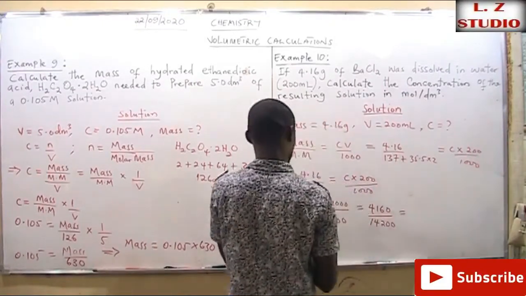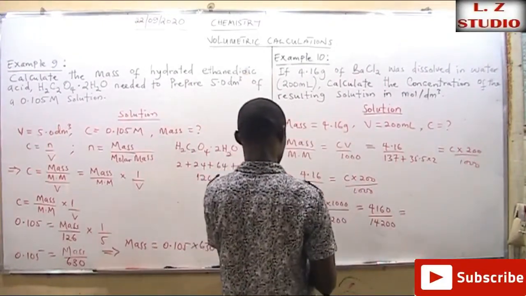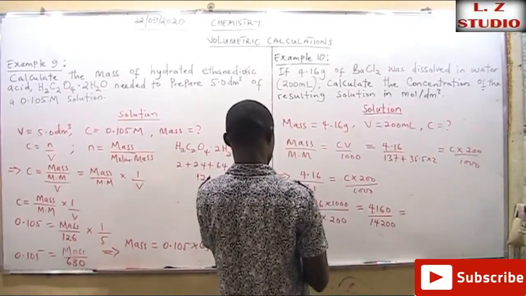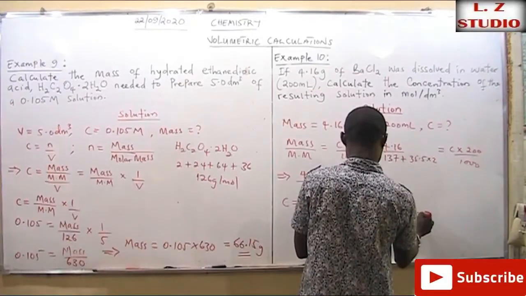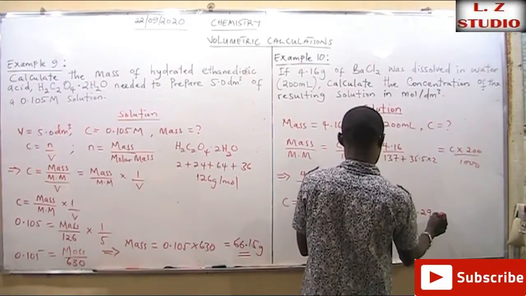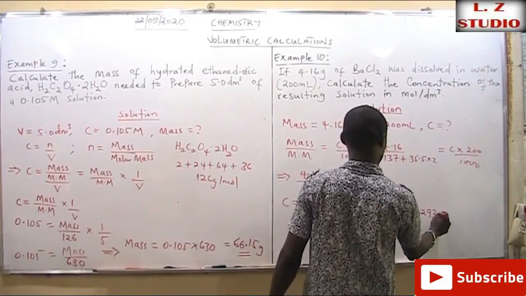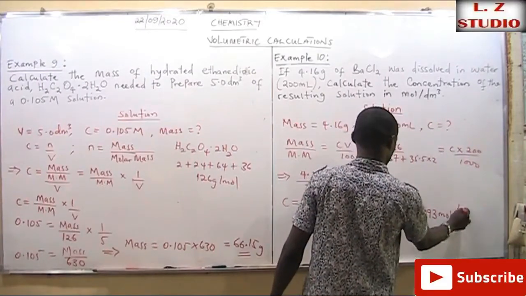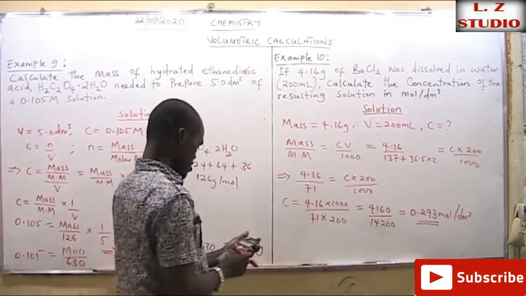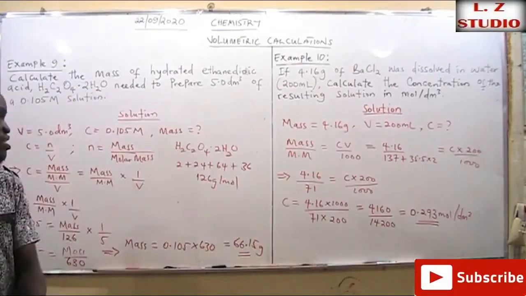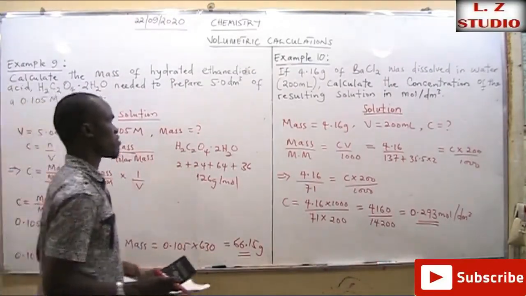So when you carry out the division, at the end of the day, we have 0.293 moles per dm cube as our final answer. So this is the concentration of the resulting solution.